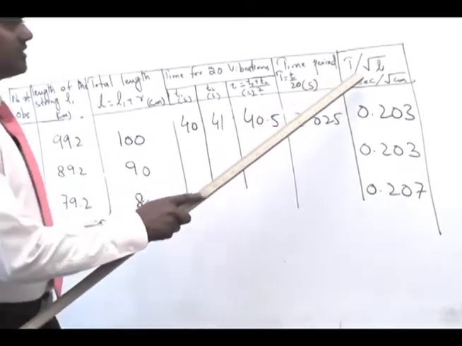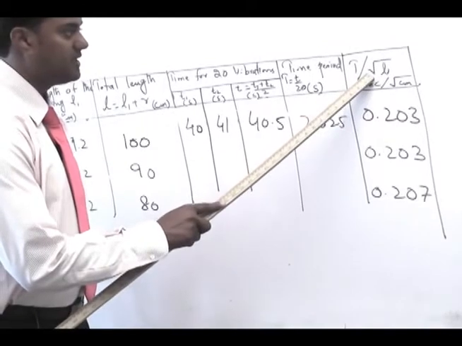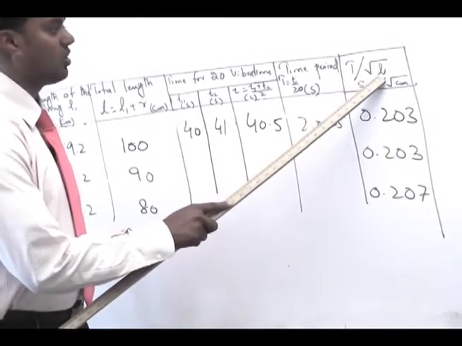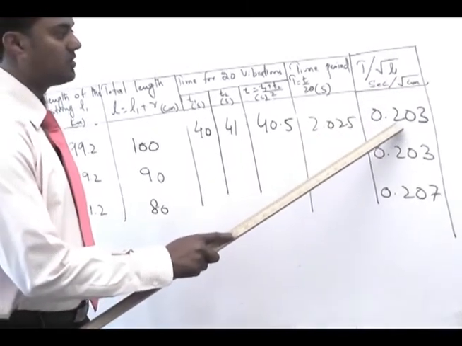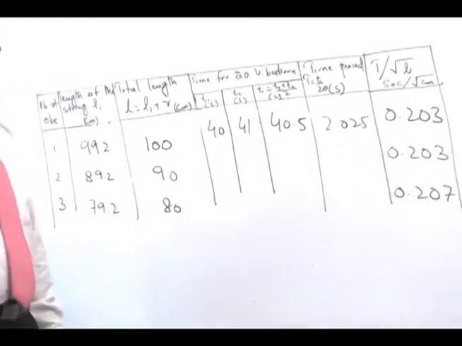And then we compute the time period divided by the square root of the length of the pendulum, which comes out to be 0.203 seconds.